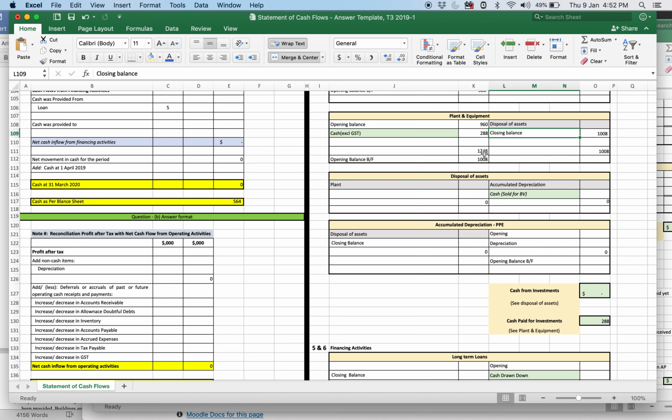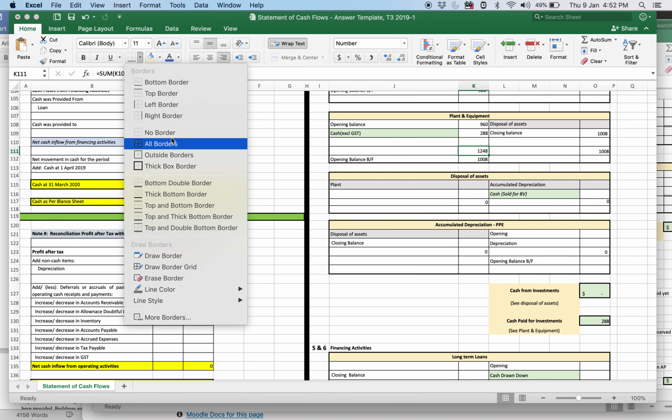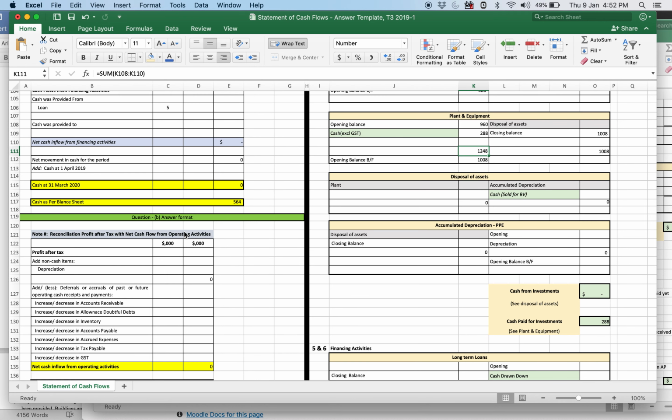Okay, so here we have it. We have our ledger that says we have opening balance, and we've bought that amount, so that we need to balance the ledger to that. So the difference between these two is what we disposed of. The cost value of that plant and equipment was what we've disposed of, right?